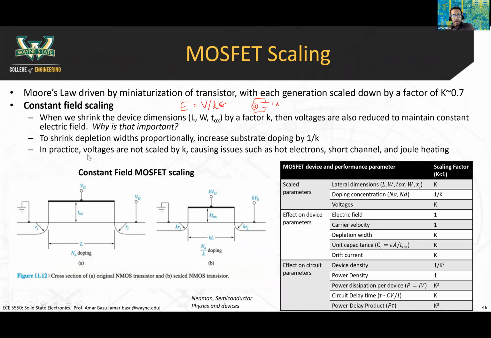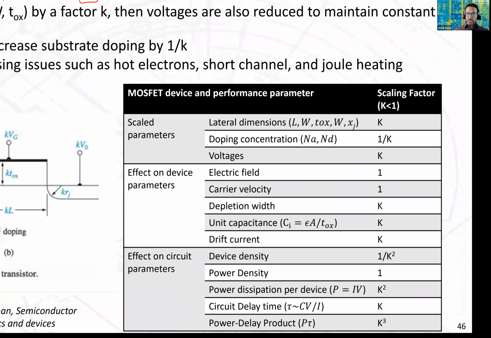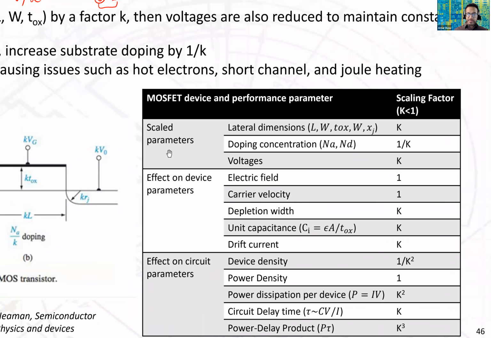Now, we'll get to this last point in just a second. I want to talk about what some of the idealized scaling laws would be. So this chart summarizes this, and this is what was done over 4 decades for the most part.